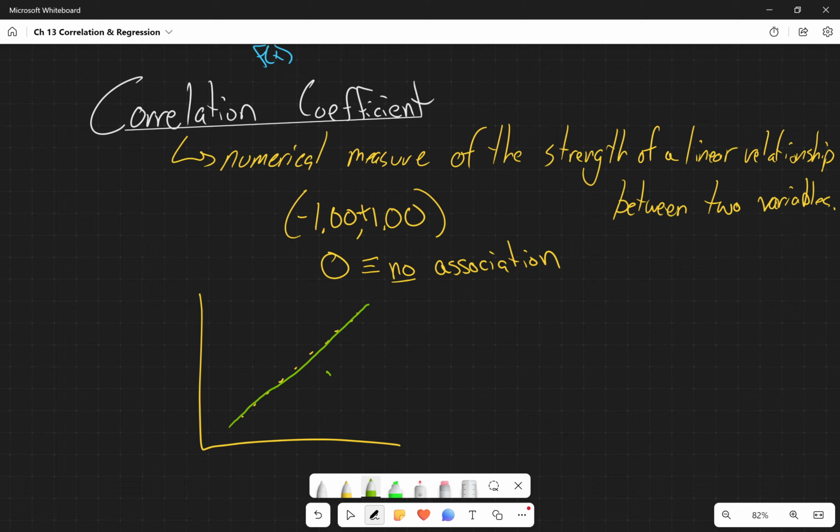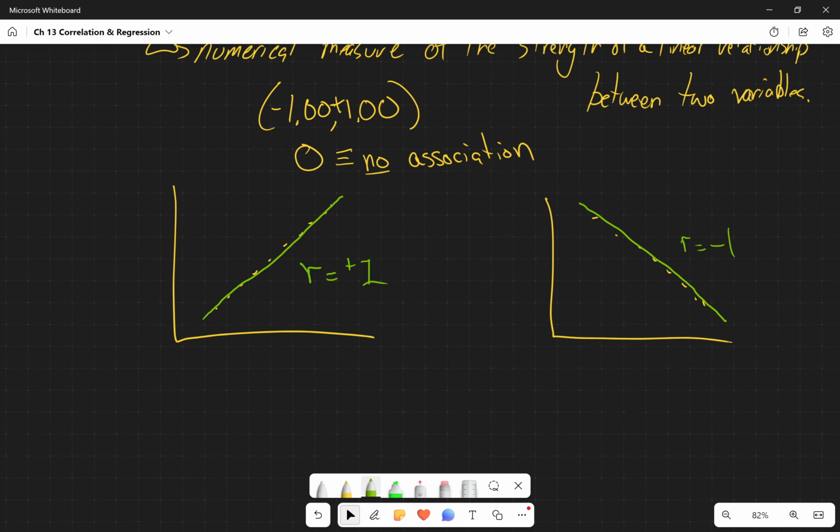Correlation coefficient is abbreviated with R. Something like this, right? A scatter shot, like a shotgun, is going to be no correlation. R is equal to 0.